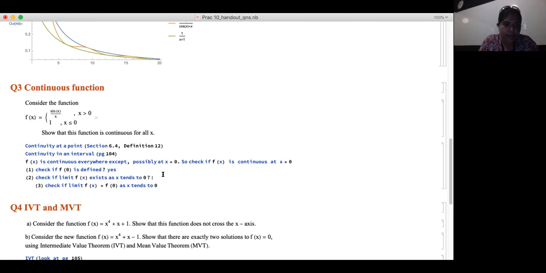The second condition is whether the limit exists as x tends to 0.